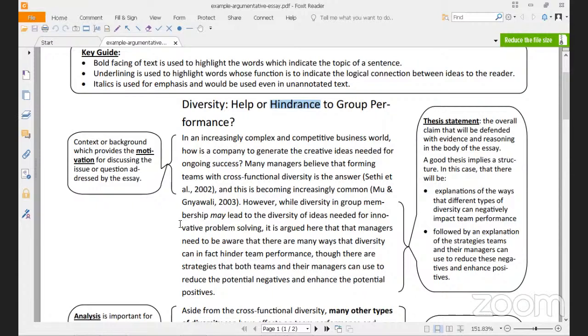Many managers believe that forming teams with cross-functional diversity is the answer, and this is becoming increasingly common. Those are the citations, right?